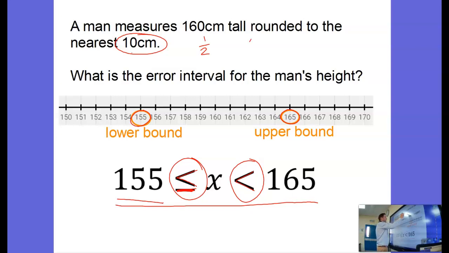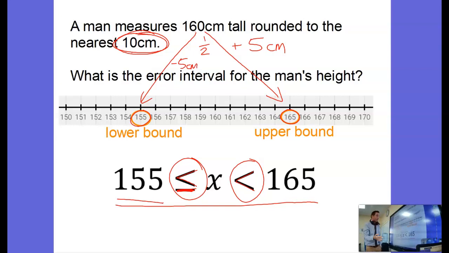So half of that is 5 centimetres. So we take that 5 centimetres, add it on to 160. So 160 plus 5 centimetres is going to give me 165. 160 minus 5 centimetres gives me 155.